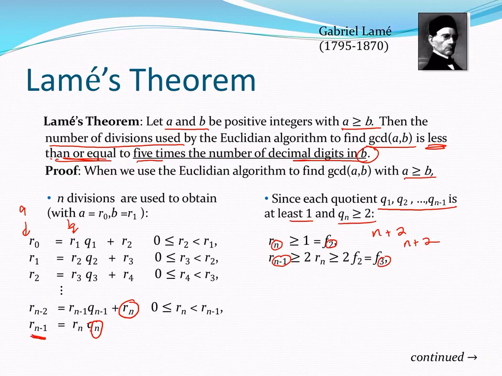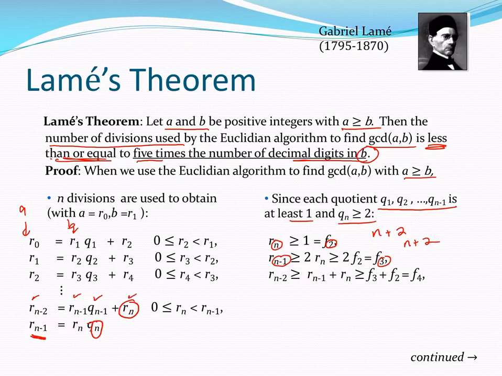Okay, so if we do the next one, Rn minus 2, you can look at it over here, is equal to Rn minus 1 times Qn minus 1 plus Rn, and that means Rn minus 2 is going to be greater than or equal to Rn minus 1 plus Rn, because Q could be greater than 1.